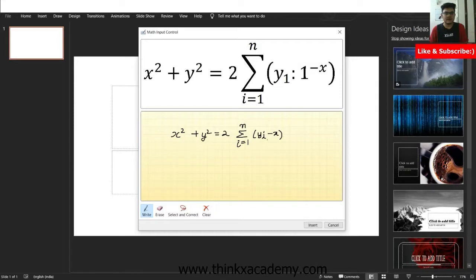When I'm writing this, we know that it is yi minus x, but you can see it is not that accurate. So this is a trained neural network, and for most cases it will work, but it is not 100% accurate. But it is a good example of learning how this is converted into this equation.